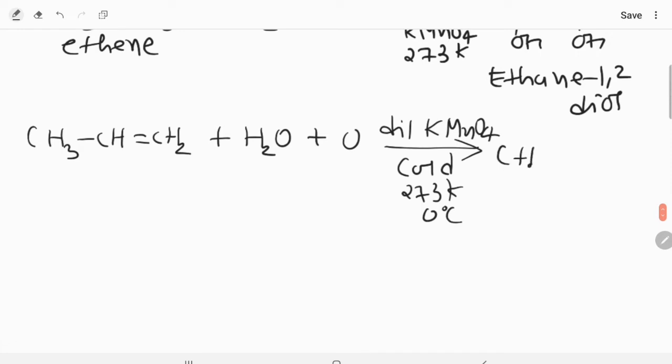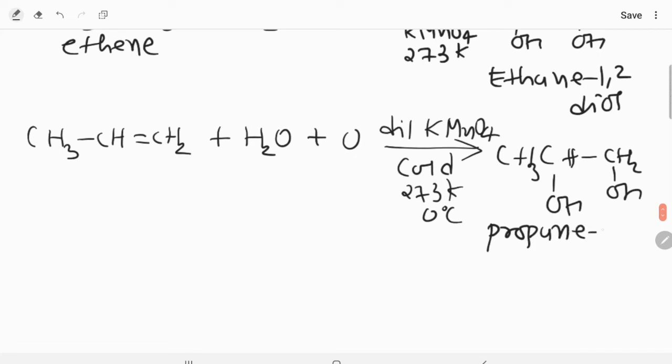So CH3CHOHCH2OH, propane-1,2-diol, is formed. I'm sure you understand this one.